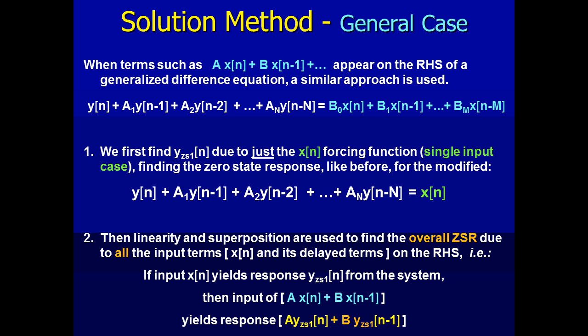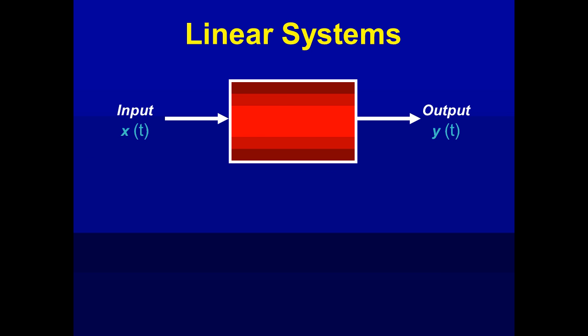Well, that's when we start playing with linearity and superposition. That's why this only works with linear time invariant systems. If I found the response of a system to x of n, the response of the system to a times x of n is a times that response, right? Let's do pictures. Pictures are good.